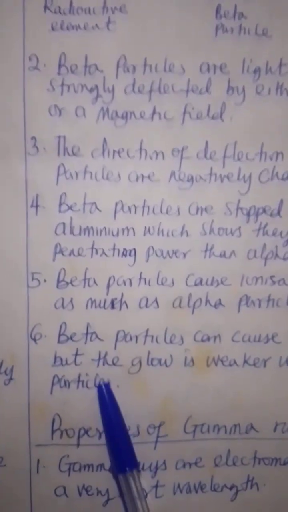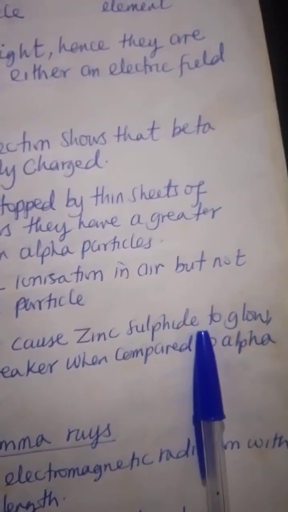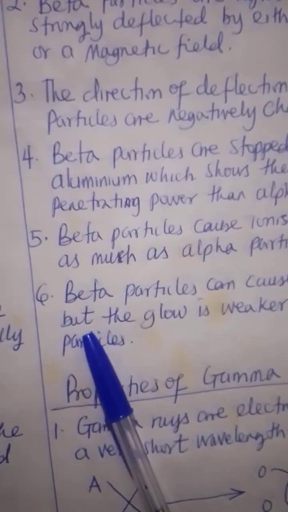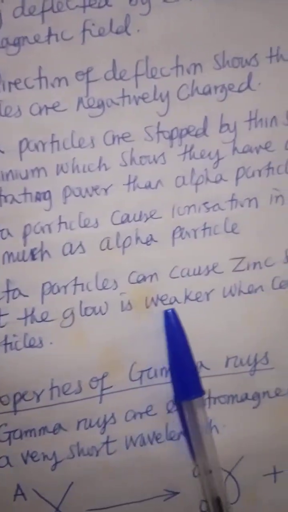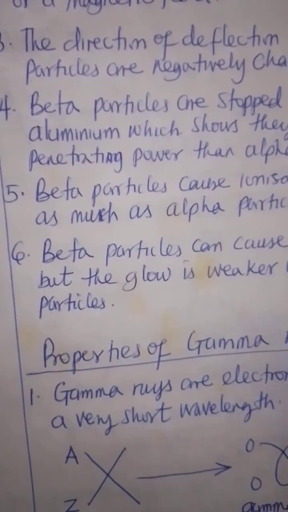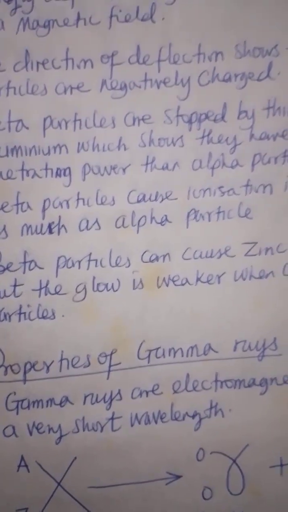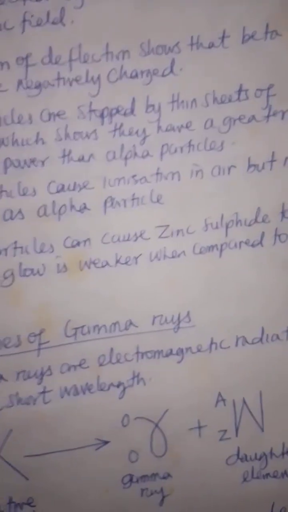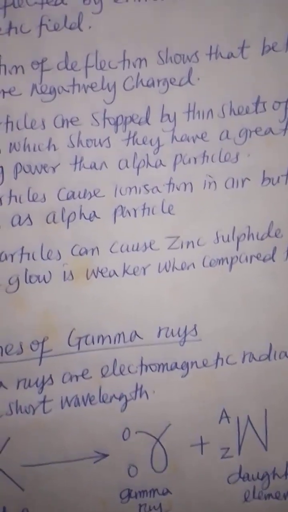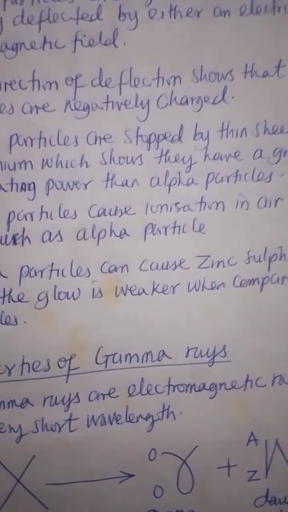And lastly, beta particles can cause zinc sulfide to glow, but the glow is weaker when compared to alpha particles. In other words, the zinc sulfide absorbs the beta radiation and then begins to glow, but the glow is weaker when compared to alpha particles.